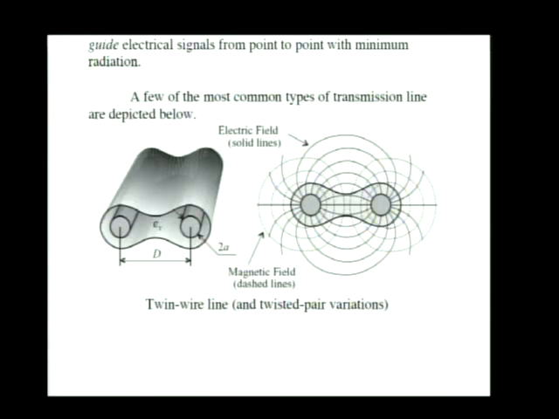What this means is that the electric field lines and magnetic field lines all lie in the plane of the page here, where the wires point vertically, directly into and out of the page. The fields are transverse, perpendicular to the direction of propagation, the direction of transmission for the transmission line.